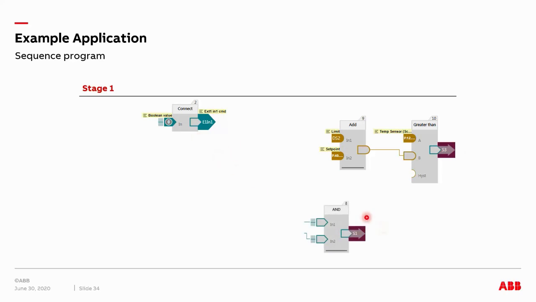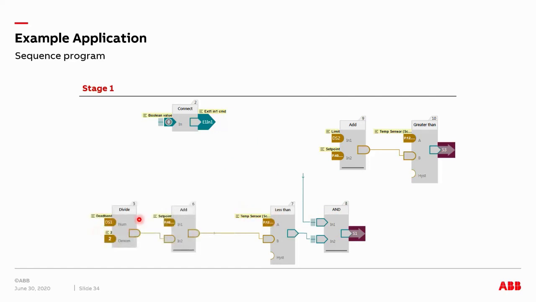Now we're going to do our check to see if we need to go back into the operating range. So we have to have an AND condition, because remember, we need to meet the time in the minimum stage. We're going to do our less than comparison of the temp sensor with the set point plus half of the deadband. If that's true, but remember, we also have to take into consideration the time.